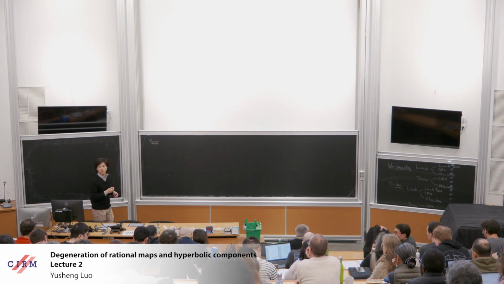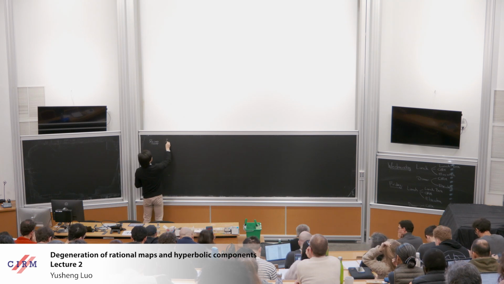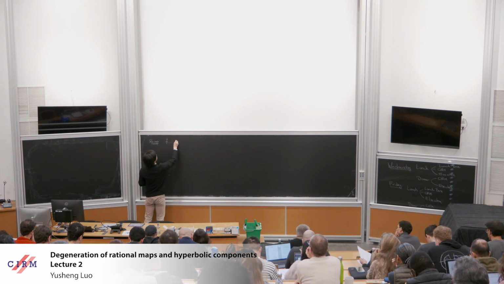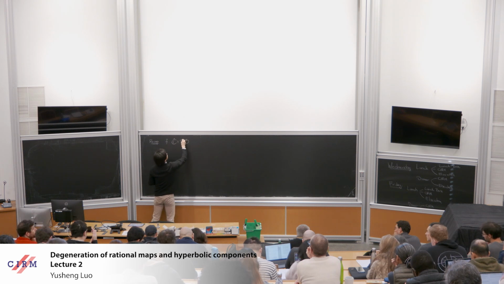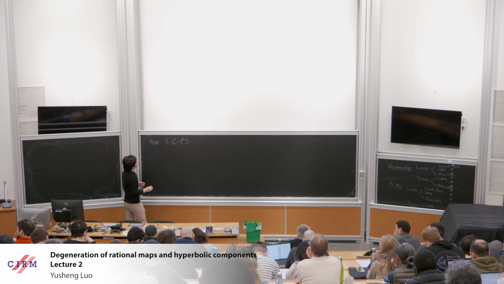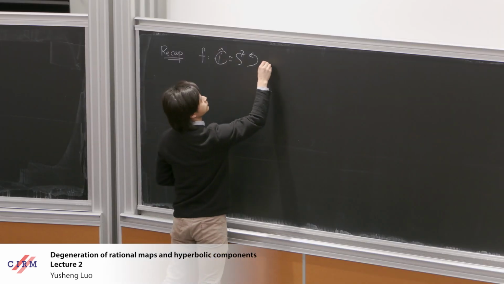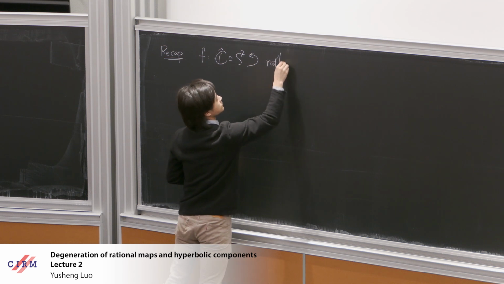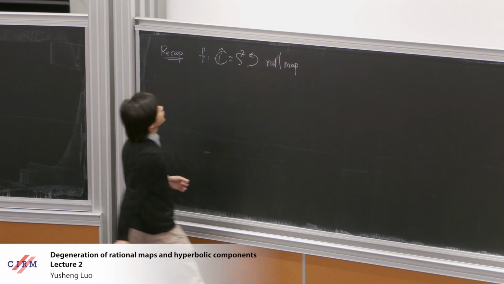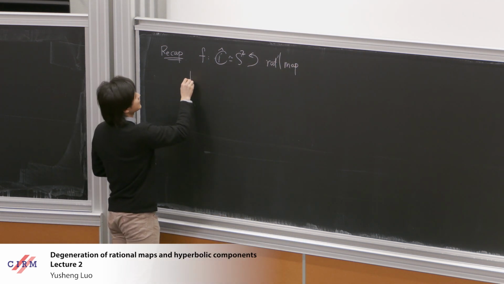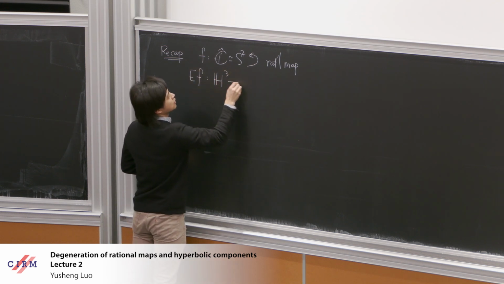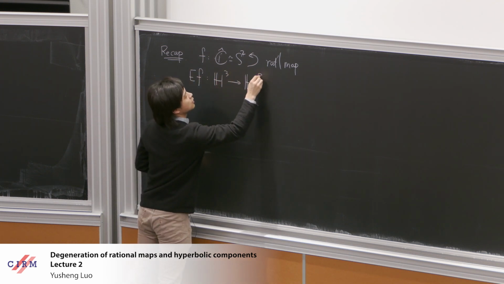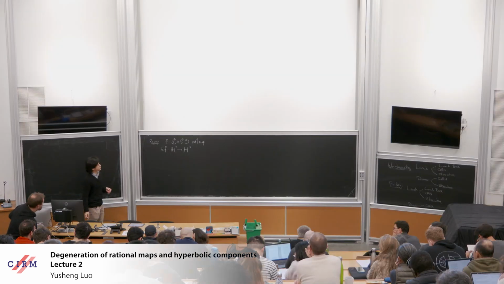So last time we talked about, we start with a rational map on the Riemann sphere, and we extend it to a map on the hyperbolic 3-space.